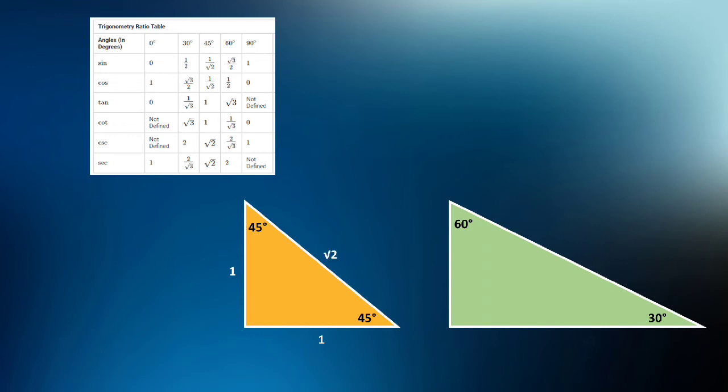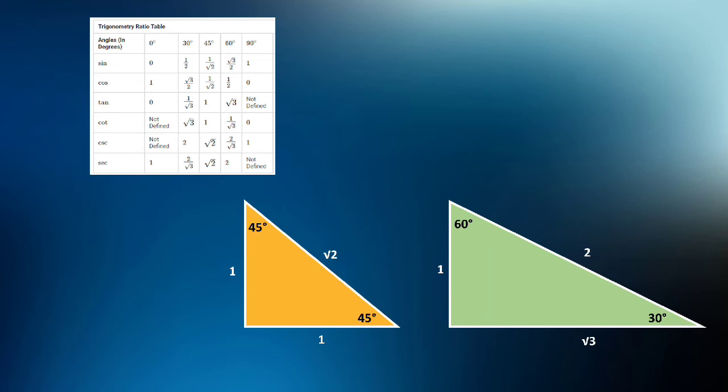But since the number is greater compared to all the three, I'll put a root sign. I hope this part is clear. Next, for the other triangle, wherever angle 30 is there, I will write 1, and the other sides I'll write root 3 and 2. Now here, since 3 is greater, I'll put a root sign.